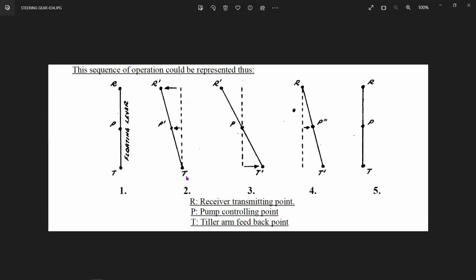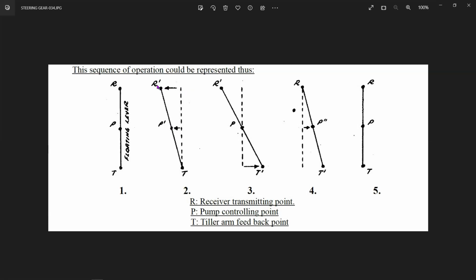At that time, the tiller arm feedback link is at a constant position and acts like a fulcrum, pulling the pump control lever to stroke, say from P to P dash. R to R dash is the desired movement for the telemotor receiver.